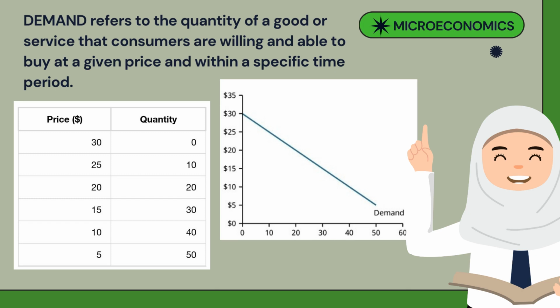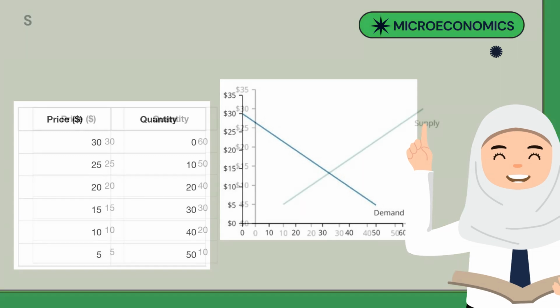The demand curve illustrates the inverse relationship between price and quantity demanded. As the price of a good decreases, more of it is typically demanded. However, the law of demand also recognizes that the satisfaction derived from consuming additional units of a good diminishes and consumers' ability to pay affects their purchasing decisions. The demand curve is drawn assuming that all other factors remain constant.